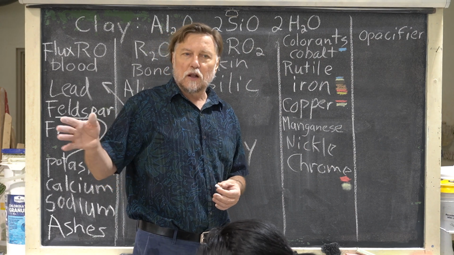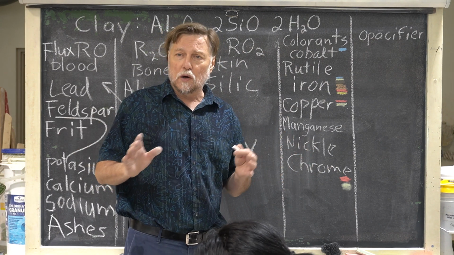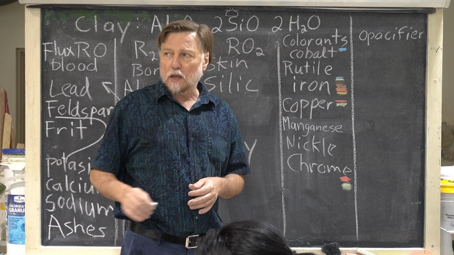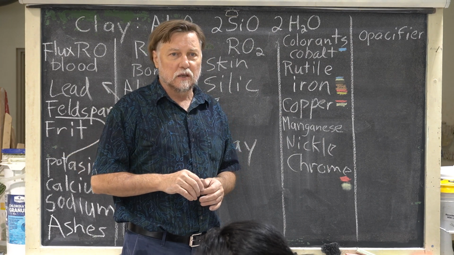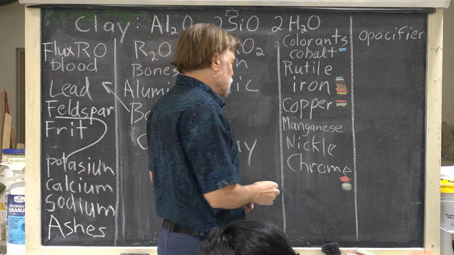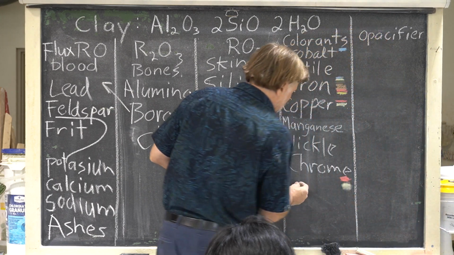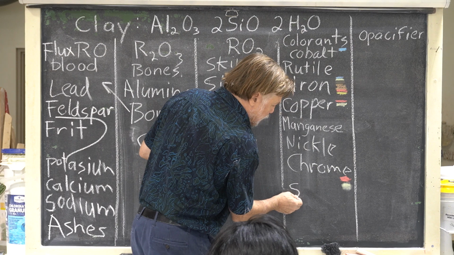The things that you use to make colorants in paint are often the same chemicals that are used to make colorants in ceramics. These are called stains, and you can put them in glazes, slips, and clay.